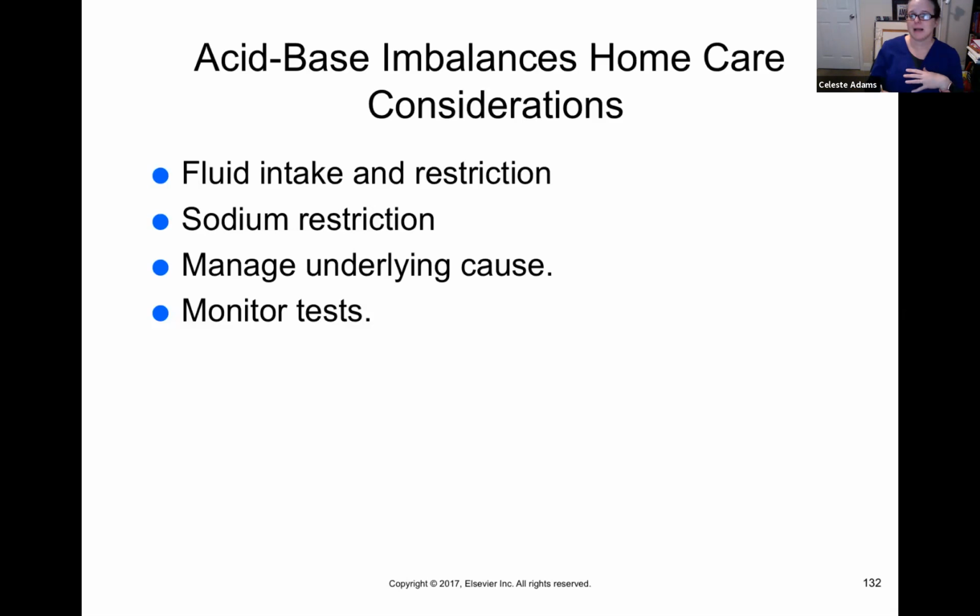If it's a metabolic issue, metabolic equals kidneys, so you want to make sure they're going to their dialysis like they should, that their kidney labs are okay, and that their potassium, their sodium, all those things are good, because if those things get out of whack, then they're going to cause the acid-base imbalance.